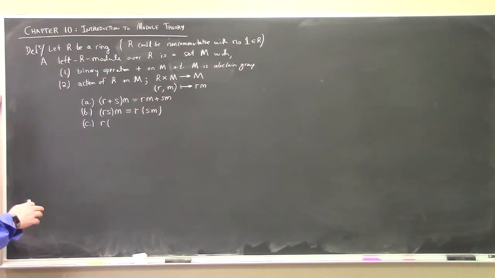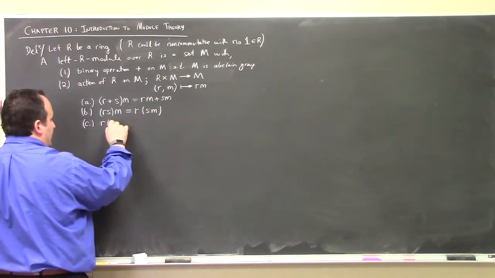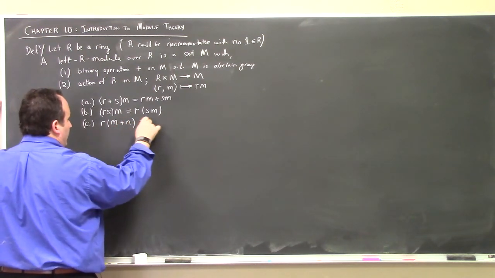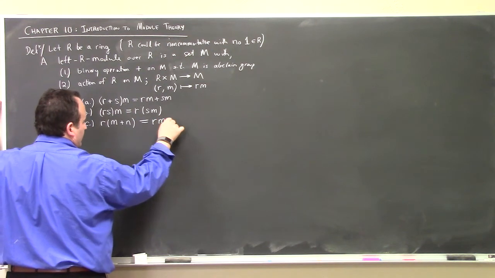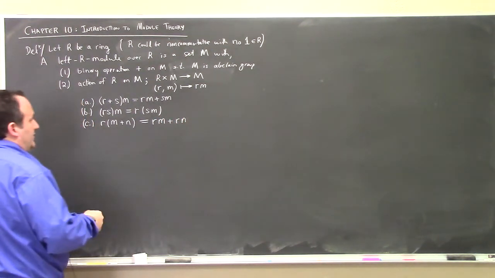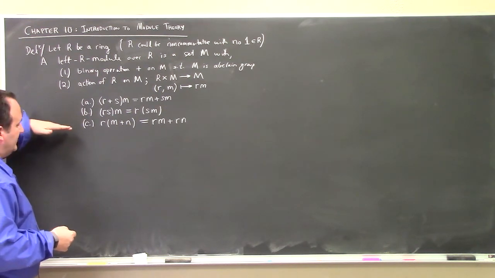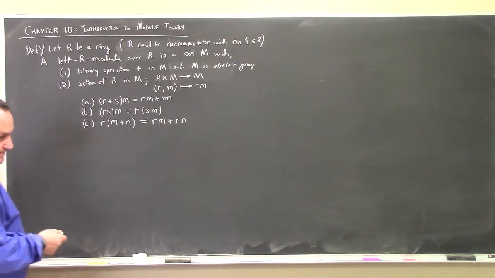So in the same sense, when we talk about a module, sometimes we refer to the set M as the module. But the truth is, it's M paired with this module action, the action of R on M. Nevertheless, with that abuse of language, we call M the module. So we have distributivity with respect to the addition in the ring, distributivity with respect to addition in the module.